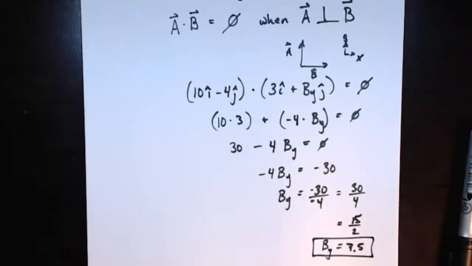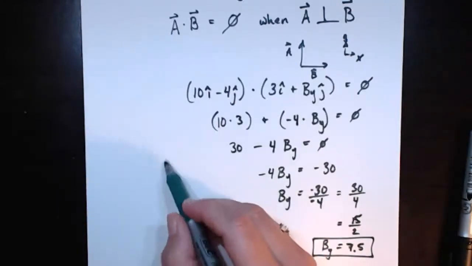And if we want, I suppose, what could we do to test this? Could see if those vectors are orthogonal. Really, the best way is to do the dot product. We can draw it and see if it looks reasonable.